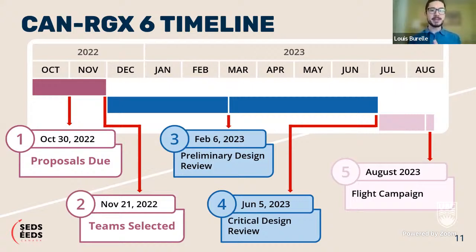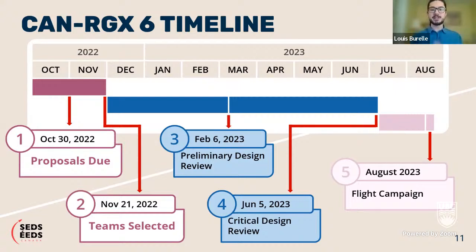And also listed here in blue are the 2 major milestones for the competition. Early February, we'll be having the preliminary design review. This is a major checkpoint where we see where your design is at, what you've been able to put together so far. And through this design review with our partners at the NRC and the CSA, we'll be able to give you feedback on what needs to change, what is working, what the status is really.